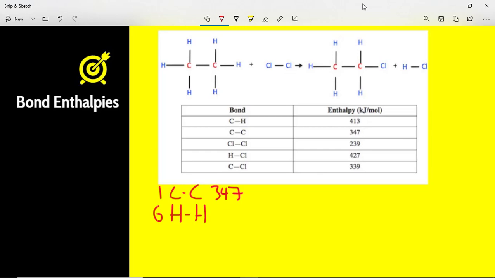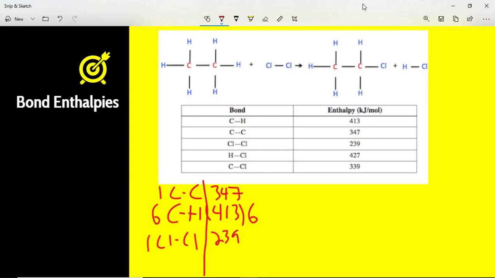And then I have six carbon-hydrogen bonds, and those are 413 kilojoules. So remember, we're going to multiply that number by 6. Okay? And then I have 1 chlorine, and that is 239.